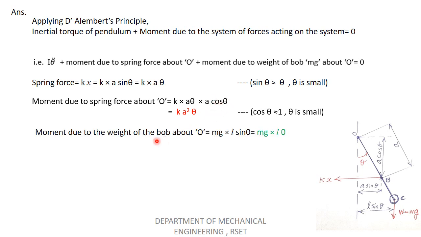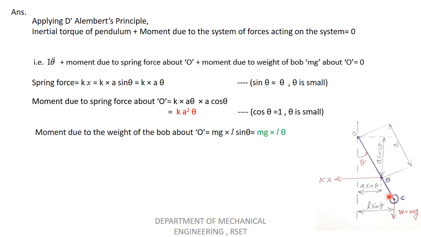Now we will find the moment due to the weight. You can see on the figure that the weight W acts downwards. We are taking moment about the point of oscillation, O. The perpendicular distance of this weight with respect to the point of oscillation is L sin theta, where L is the length of the arm of the pendulum, that is OC.